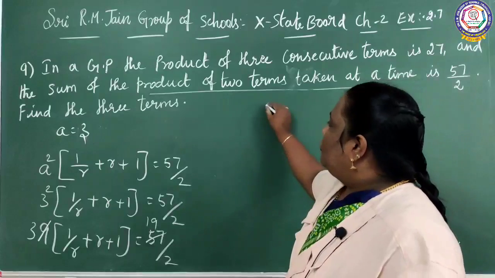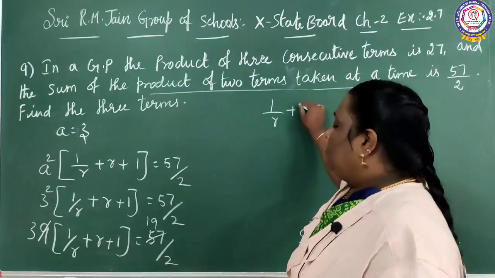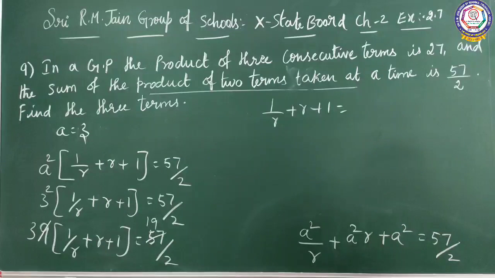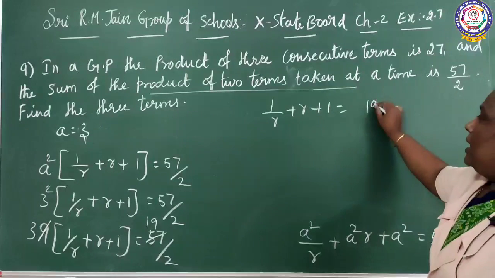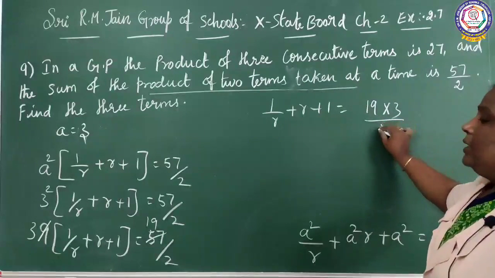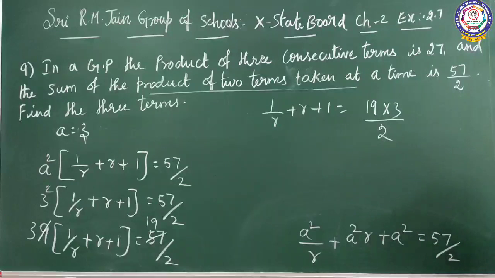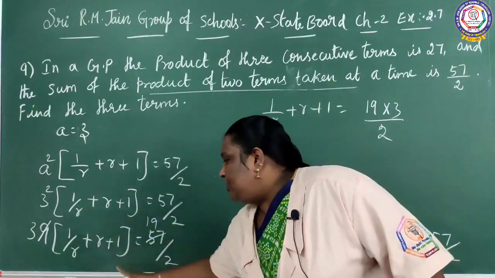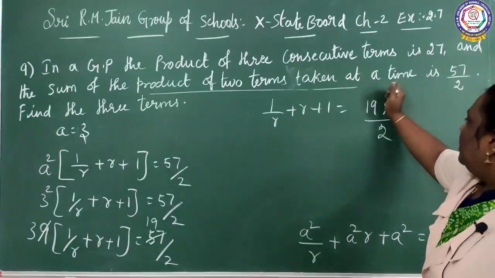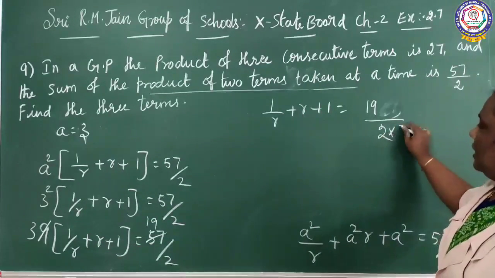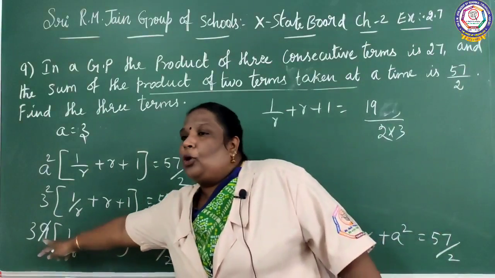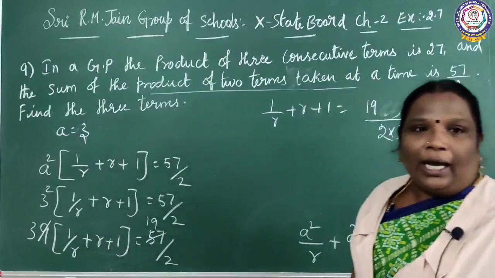So what is the value for this? 1 by R plus R plus 1 equal to 19 into 3 by 2. See, the 3 comes to the division. So 19 by 2 into 3, because it is in a product, multiplication comes to the division.